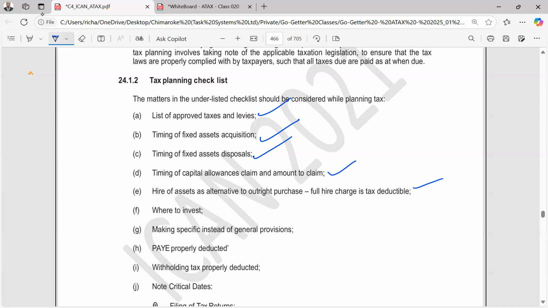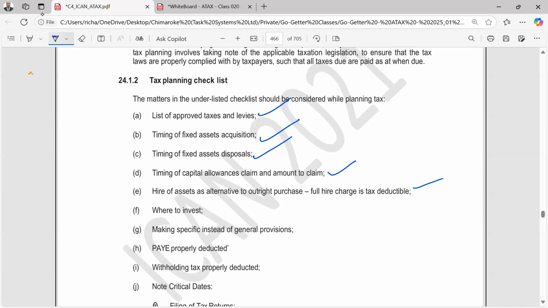We are also claiming the hire purchase charges. Normally the capital element is the part we use in calculating the capital allowance. Those interest parts are also allowable expenses. So you are claiming capital allowance on that asset, and you're also claiming hire purchase charges as allowable expenses.